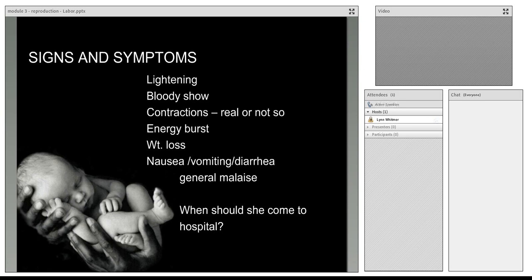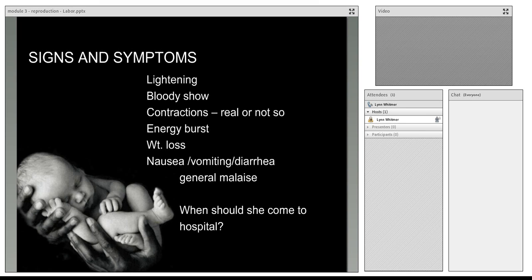Bloody show. As the cervix starts to open, remember there's a mucus plug that kind of plugged up that cervix to hopefully decrease the amount of ascending infection or bacteria from the vagina. That little mucus plug will start to be lost, and there's somewhat of a bloody discharge or a mucousy discharge when that cervix starts to open a little and thin out, because we lose that plug.